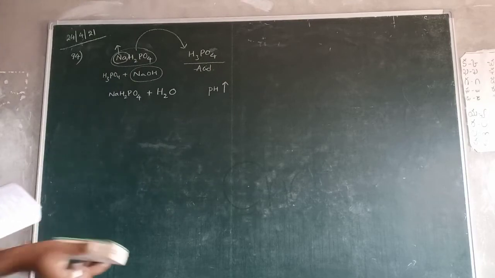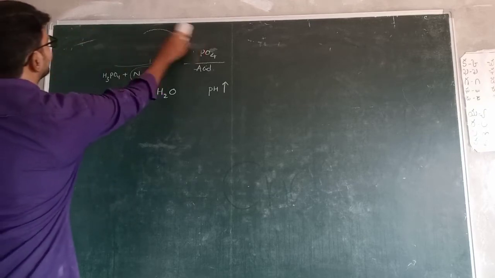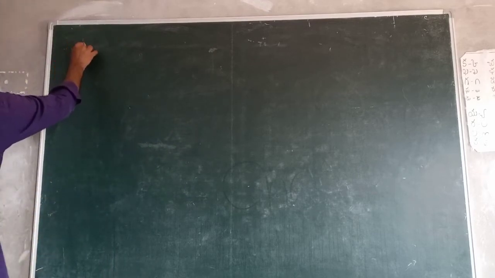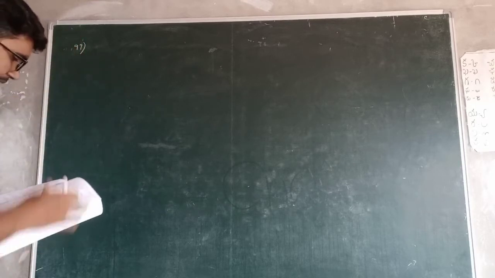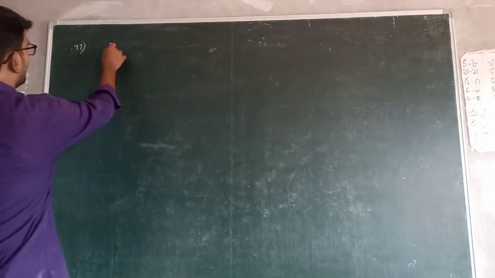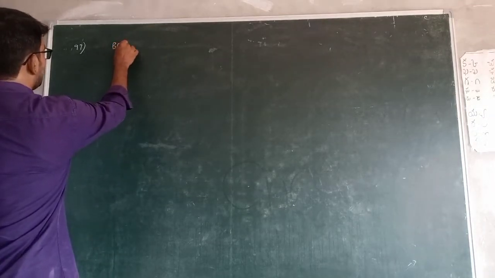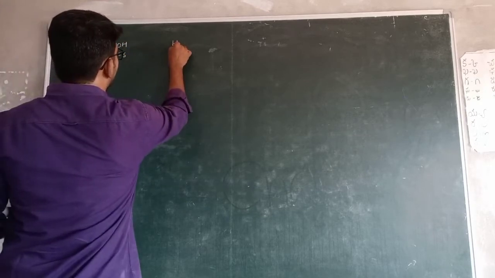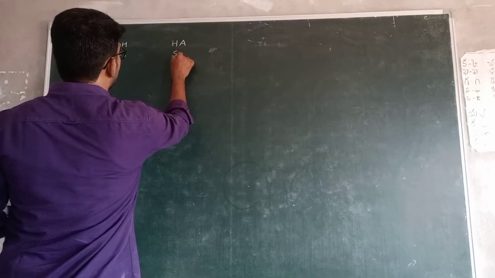Next one, 97. A weak base BOH is titrated with a strong acid HA.